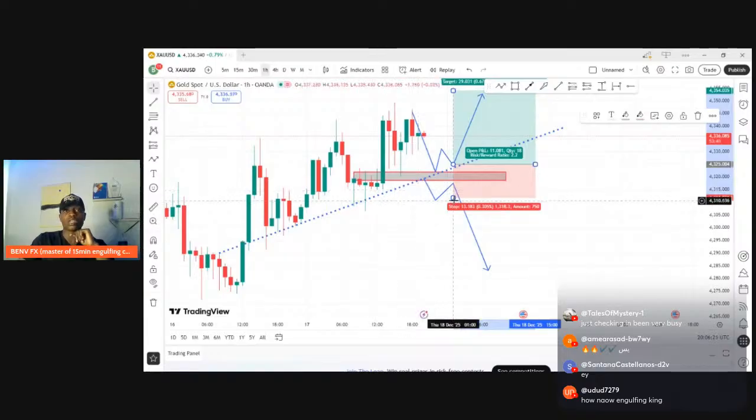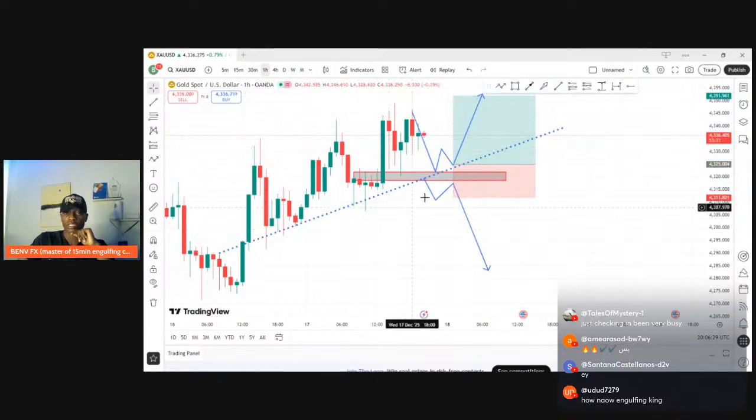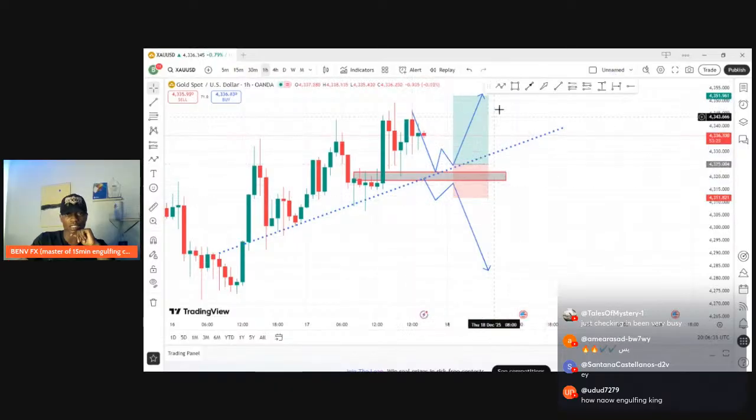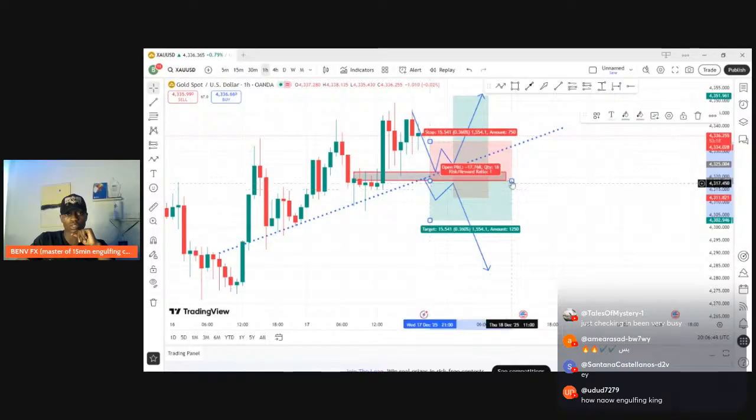But regardless, let your stop loss be around this area and your target 1 to 2. Then if the market breaks below this support level, then your setup is to enter for a short.